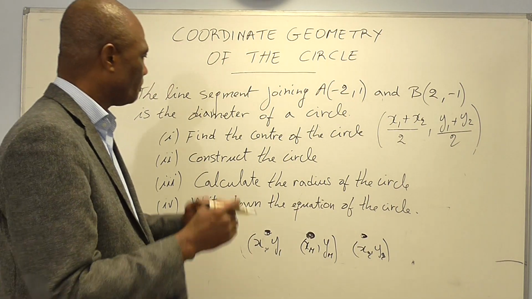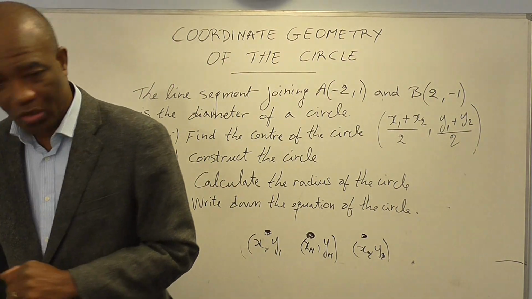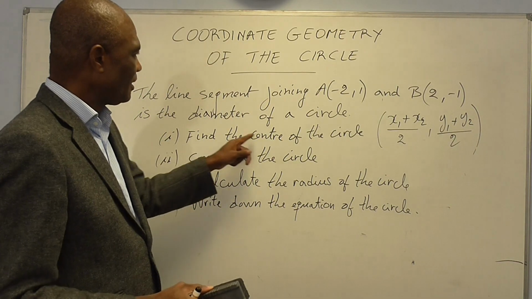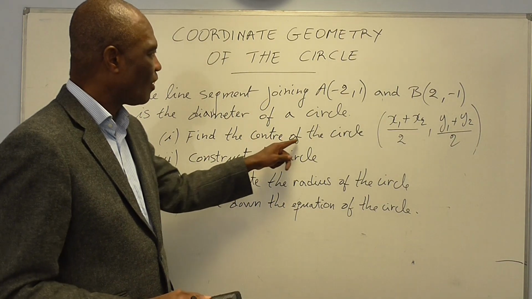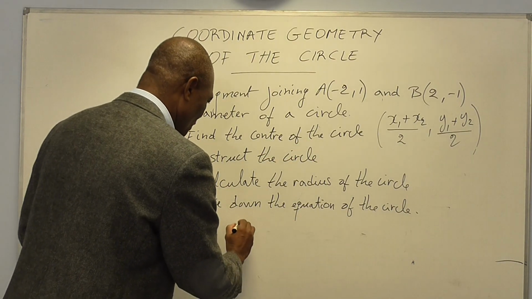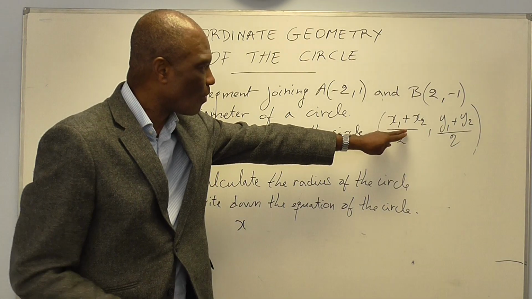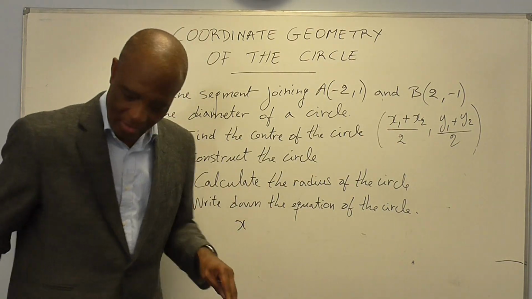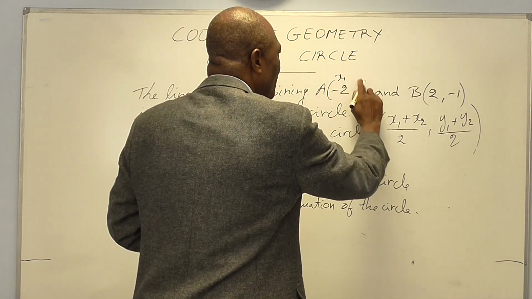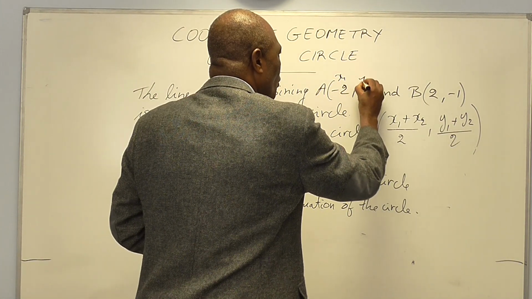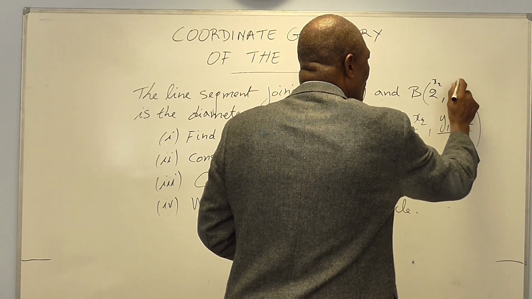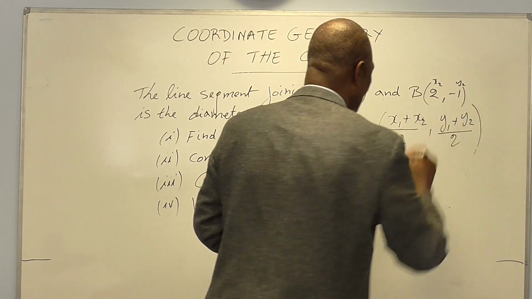So now it is what we are going to do. Find the center of the circle. As I say, the formula is there. So this is x1, and this is y1. This is x2, and this is y2.